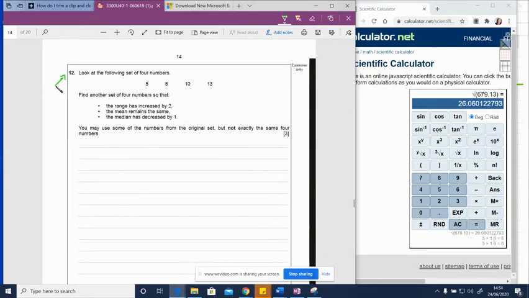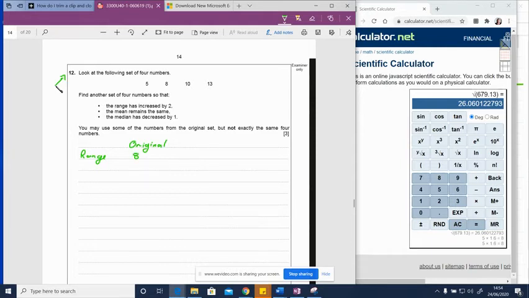Question 12. Look at the following set of four numbers, 5, 8, 10 and 13. Find another set of four numbers so that the range is increased by 2, the mean remains the same, and the median is decreased by 1. Well, if we look at the range first, in the original four numbers the range is the biggest number take away the smallest number, which is 13 take away 5, which is 8.